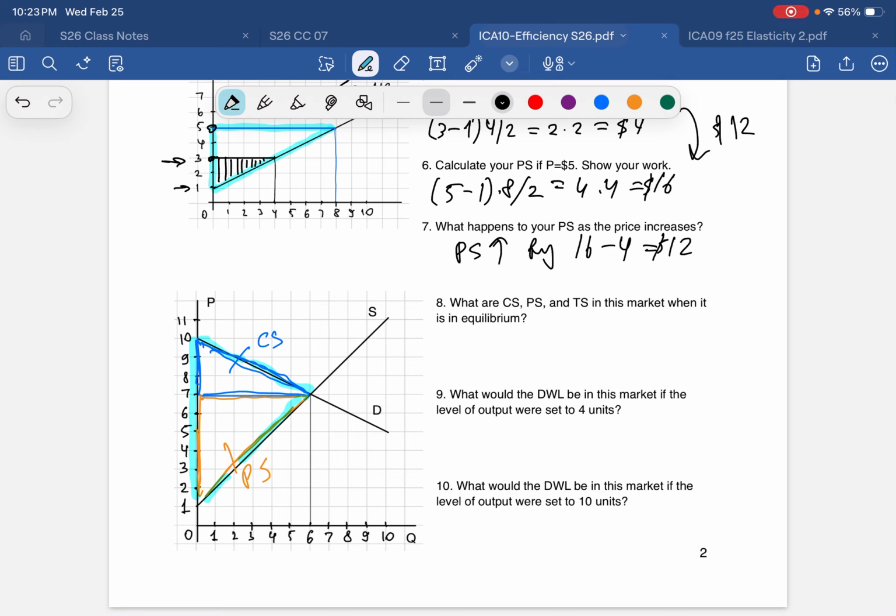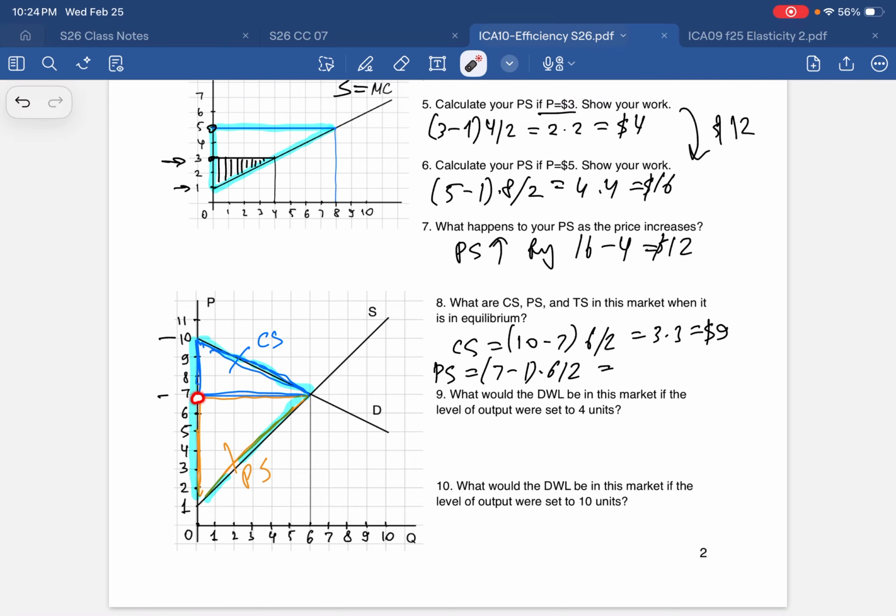So consumer surplus is what? Is 10 minus 7 times 6, right, divided by 2, so it's 3 times 3, $9, and our producer surplus is 7 minus 1 times, again, 6 divided by 2.